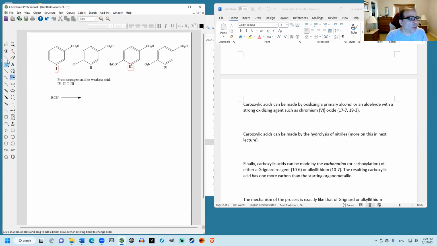Just so you see what it's talking about: hydrolyze a nitrile, and you'll get the corresponding carboxylic acid.